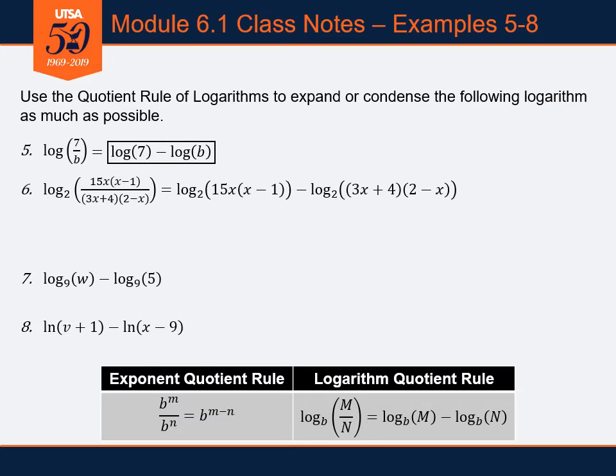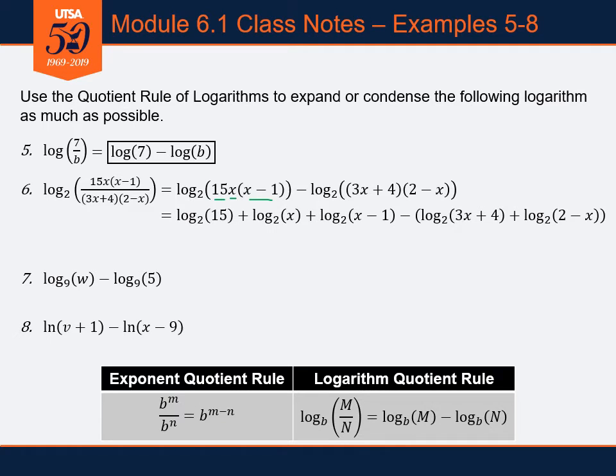Now we're not done, but what's left to do is something that we're already familiar with based on our work in the last video, in the examples 1 through 4 set, where we were looking at the product rule, because that's what we have left here. We've got products. We can use the product rule to split this up even further. Here in the first logarithm, we've got 15 times x times x minus 1.